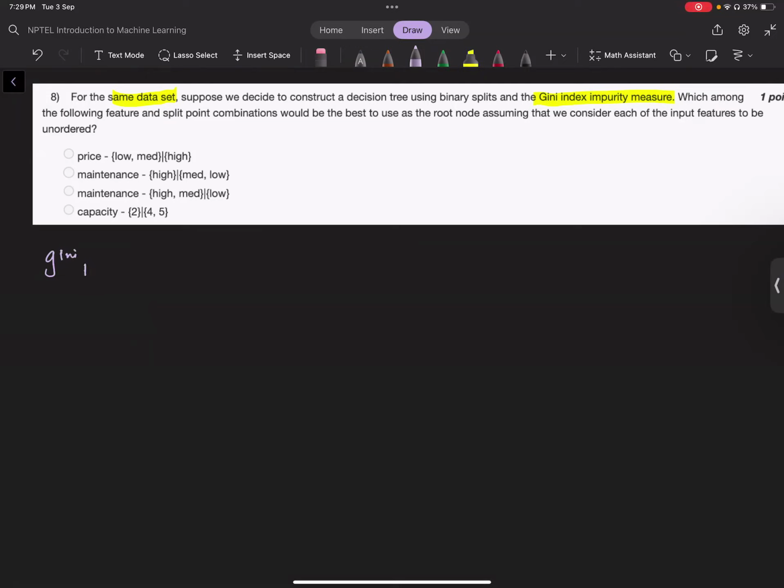It is Gini on price, low, medium, given high. So the formula would be like this.